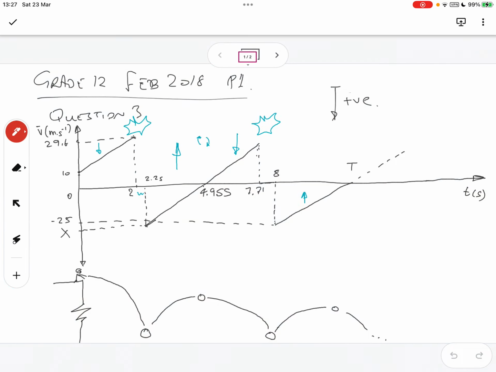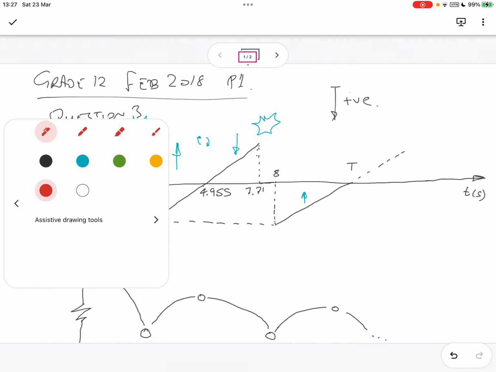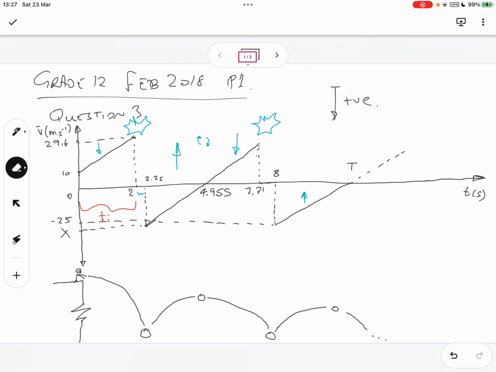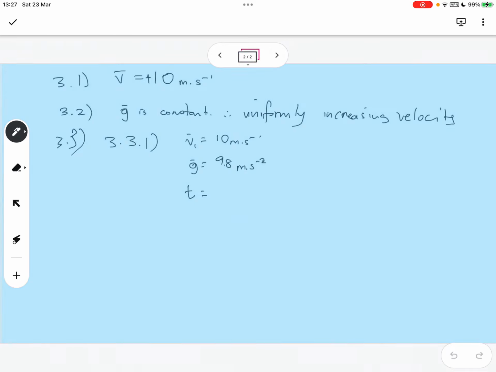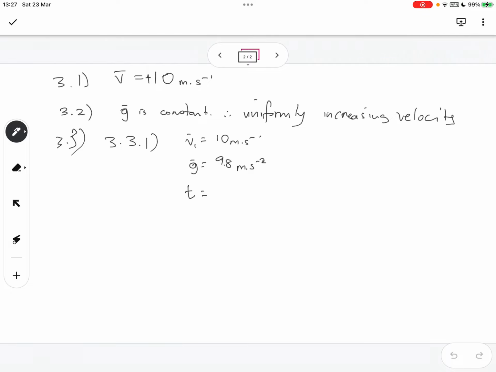And how do we know that time? It's this time frame here. That's how we know. I guess that's 2 seconds.